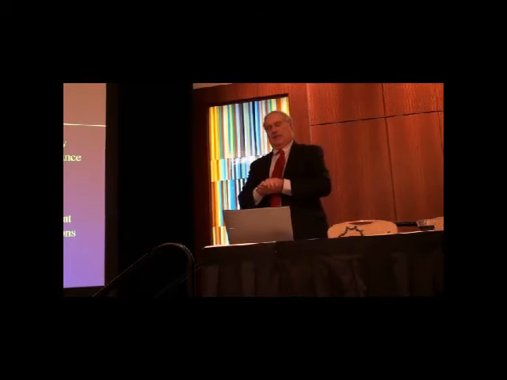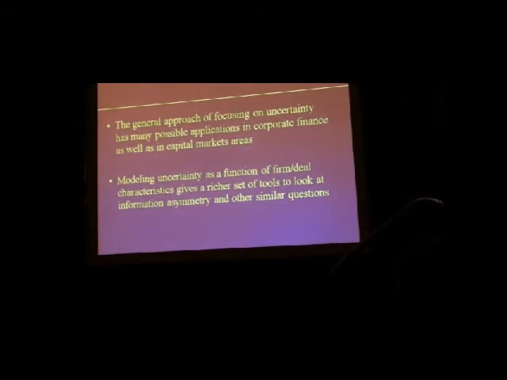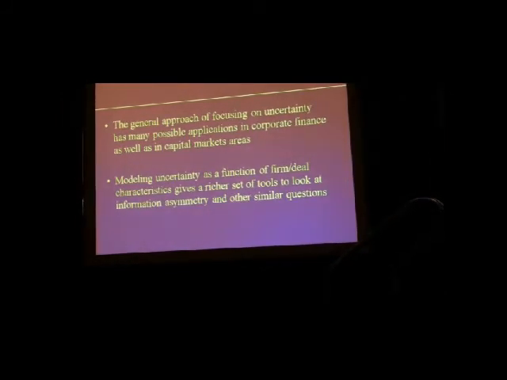So, what would I like you to come away from this with? I think it's worth thinking more broadly about the role that uncertainty plays, not just in capital markets asset pricing papers, but in corporate finance contexts too. I mean, this problem of how do we set the price for an IPO when we can't look in the Wall Street Journal and see what the price was yesterday.